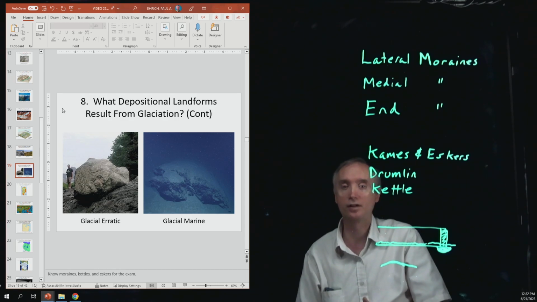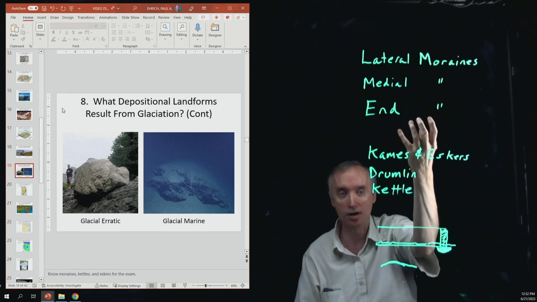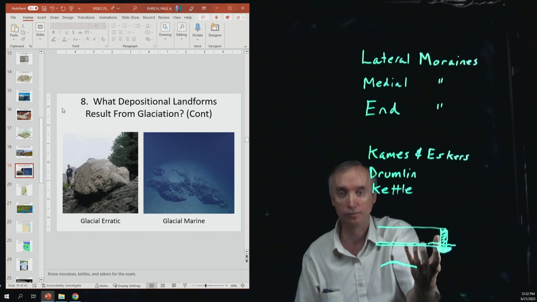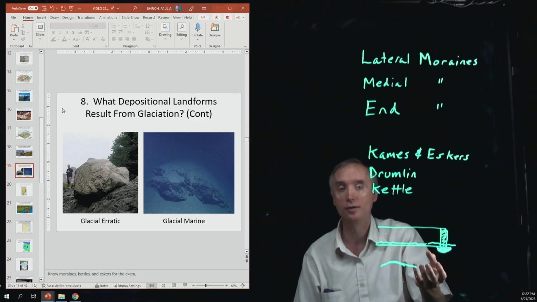Okay, you could also have glacial erratics. So these are rocks and could even be boulders that are caught up in the glacier, and then when the glacier melts back, those rocks basically just fall wherever they ended up. So for example, in Central Park of New York City in North America, you have these glacial erratics that were left over by glaciers that came down from Canada.